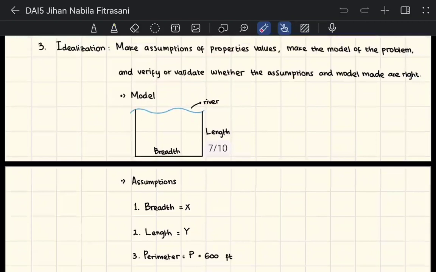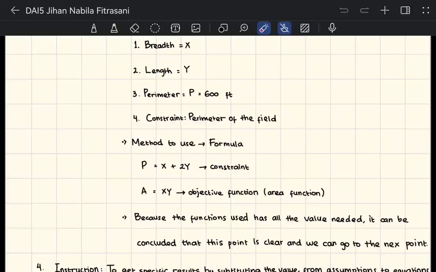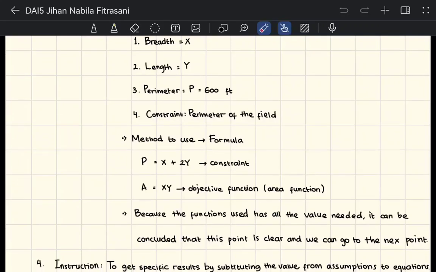In idealization we also try to decide what formula or software to use to solve the problem. Since we will be using manual computing, we will find a formula that can decide whether the answer is right or wrong.